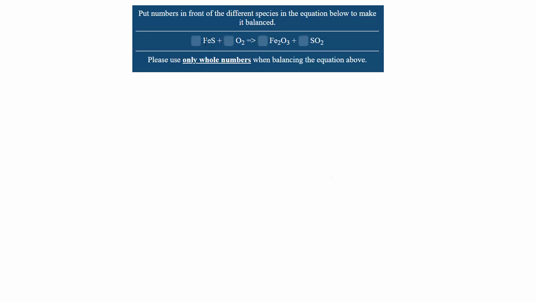And we've been asked to balance this, so we need to do that, and in our final balanced equation we need to use only whole numbers, right?